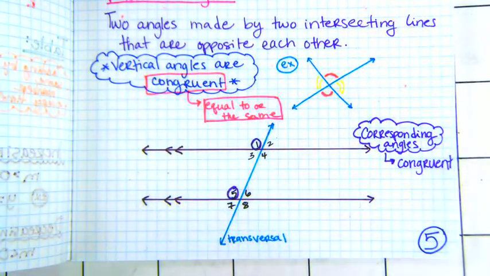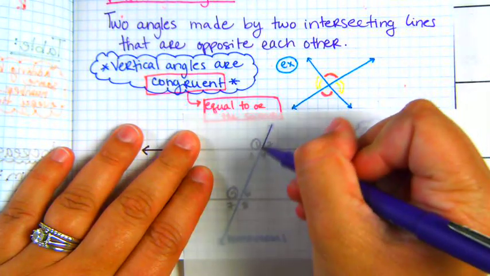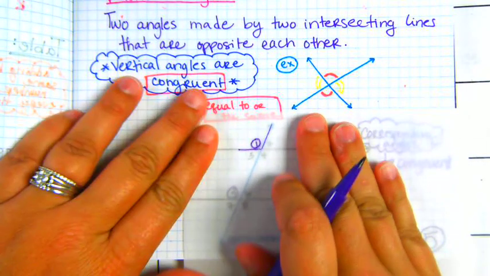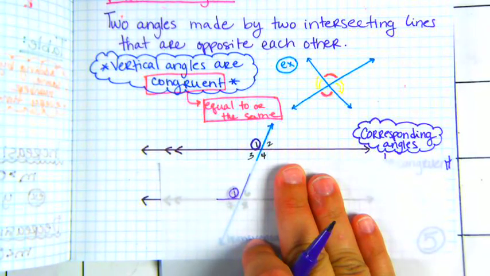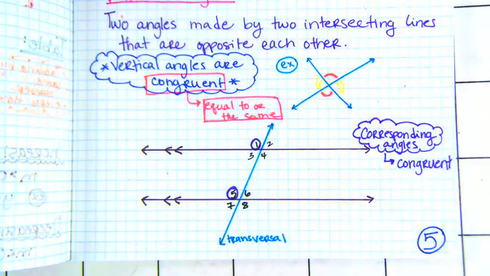Because if I take a piece of patty paper and I have this angle 1 right here, I'm just going to slide it down and it lines up with angle 5. So that's an example of a corresponding angle. What I want you to do right now is to find another set of corresponding angles.